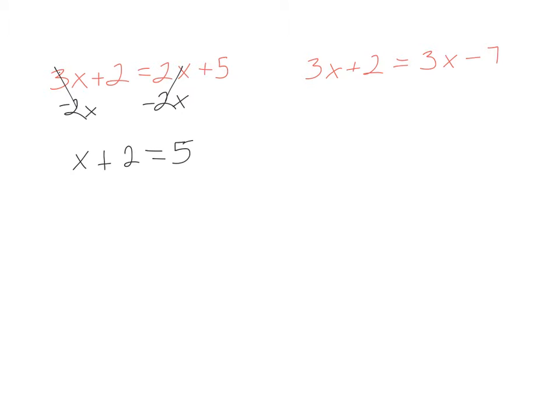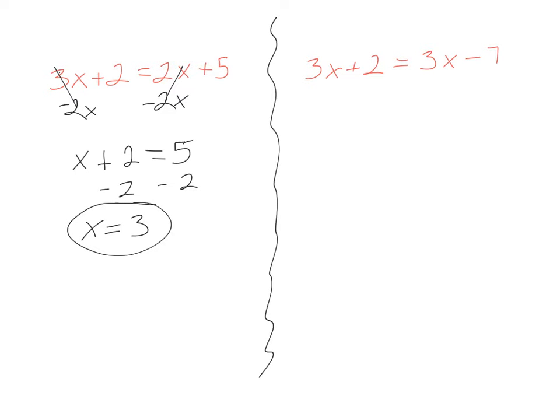And then to get rid of that plus 2, I'm going to minus 2 from both sides. That gives me x equals 3. So that tells me I've got one solution. Okay? So if you ever get x equals 3 or w equals 4, that is the only solution that's going to work.